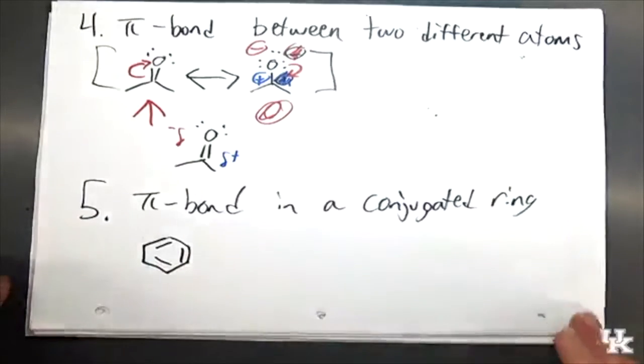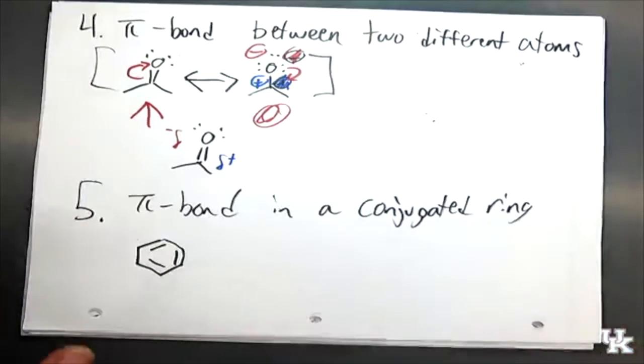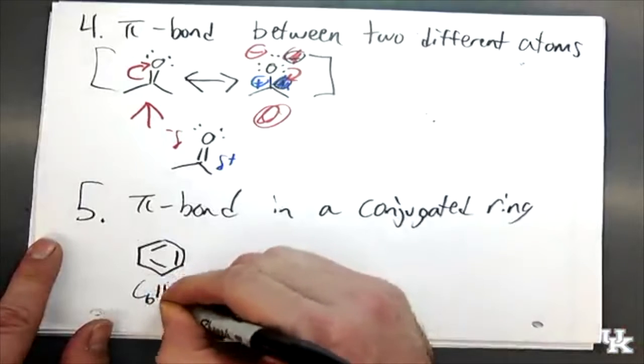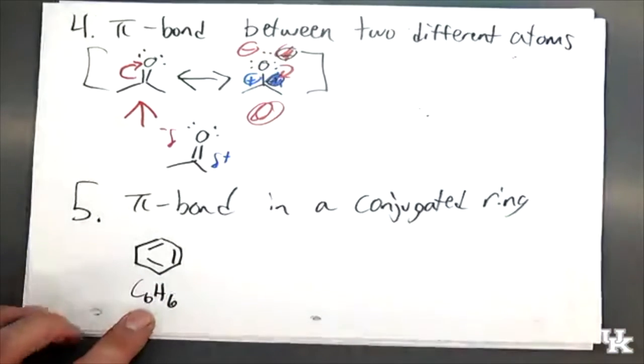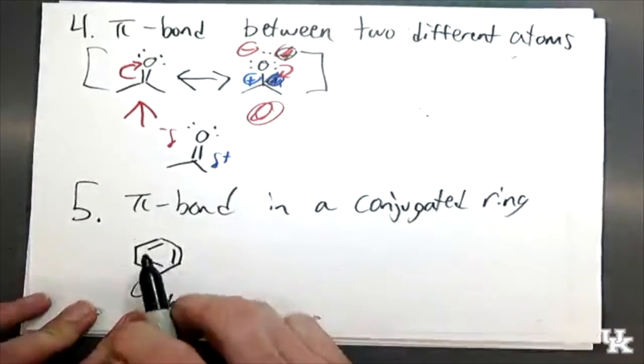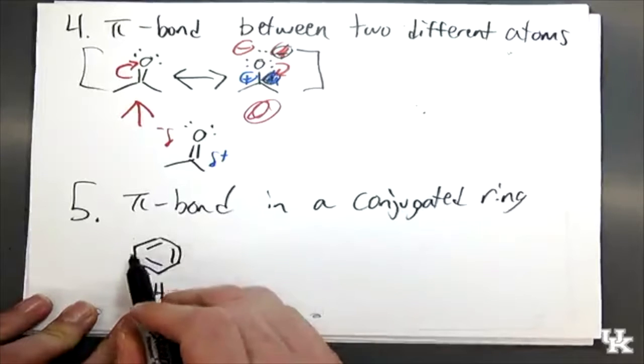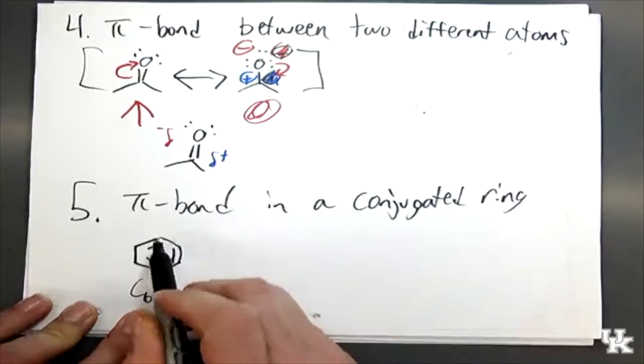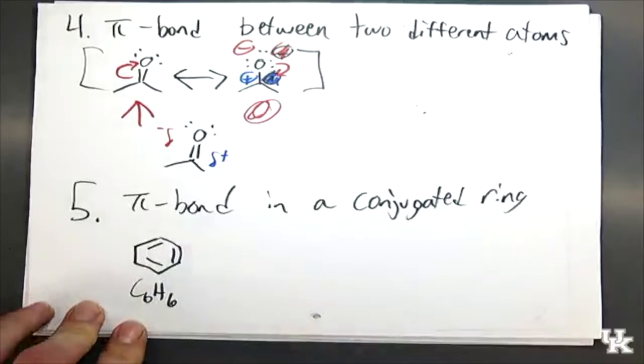I'm not sure how many of you are familiar with the structure benzene, that is C6H6, which is what we have here. But this is benzene. It is totally conjugated: single, double, single, double, single, double. That's what we're talking about.